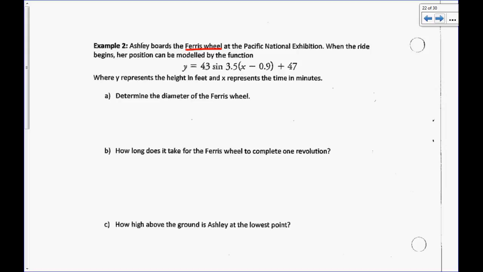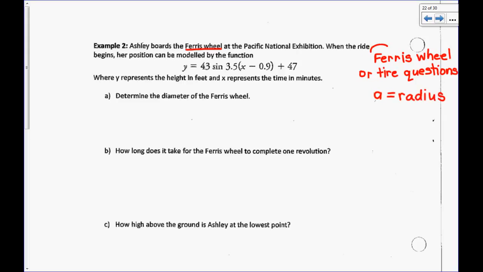Now, with Ferris wheel questions, or tire questions, because sometimes you're going to get questions about a tire that's rotating around and around and around, just make yourself a note here. With Ferris wheel or tire questions, your A, your amplitude, is equal to the radius of the circle.